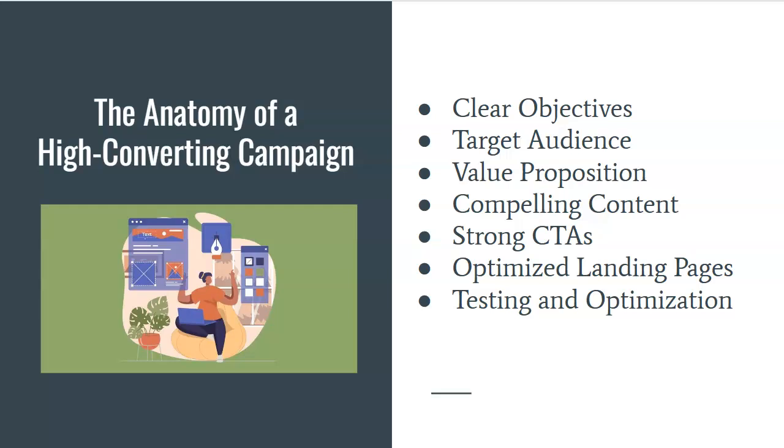And then in order to get them to do that, another important component of a high converting campaign is a strong CTA. So you need to have strong calls to action. Strong calls to action are very important in launching an effective conversion rate optimization campaign, because they're going to prompt users to take the next step that you want them to take, whether it's making a purchase or signing up to your newsletter, or even learning more or downloading a material or whatever your objective is.